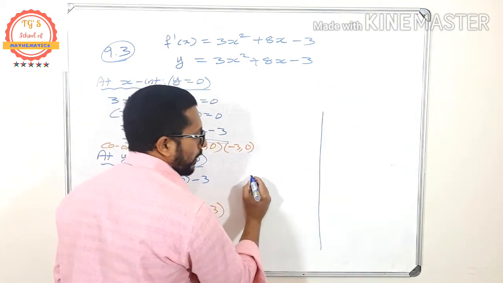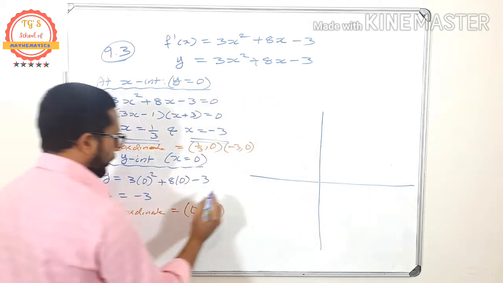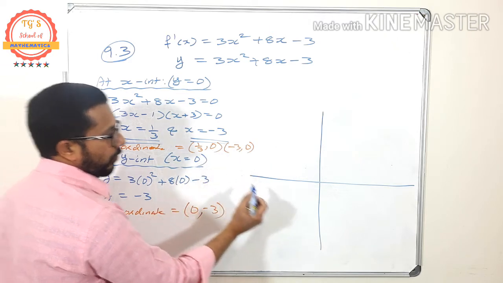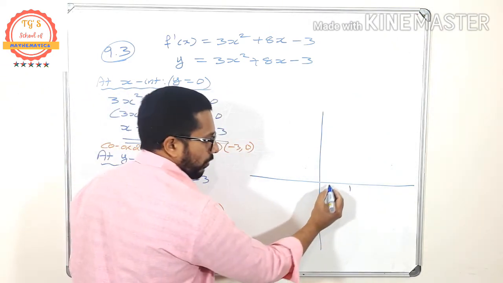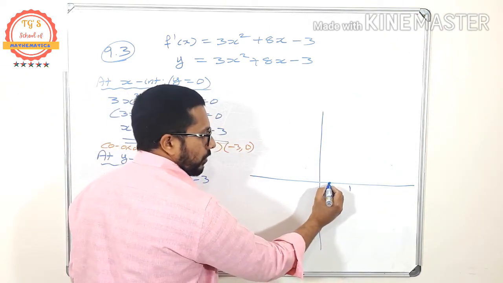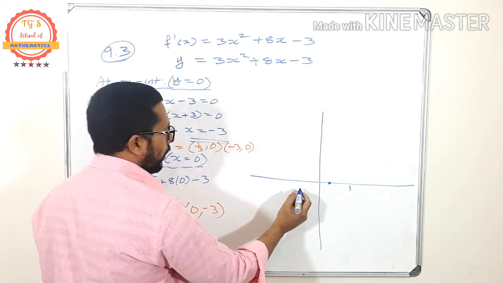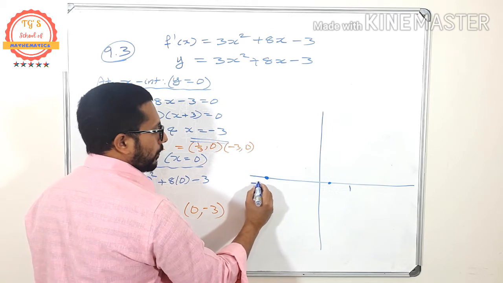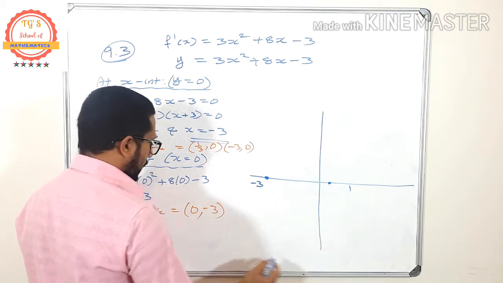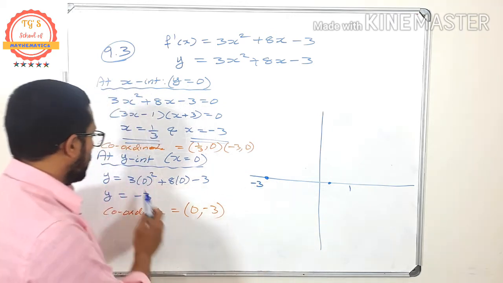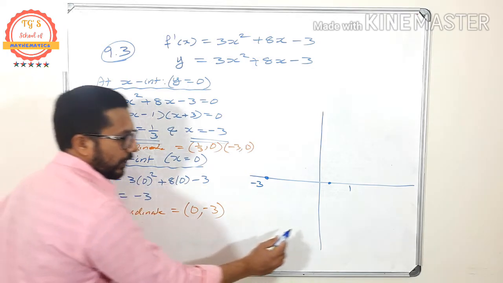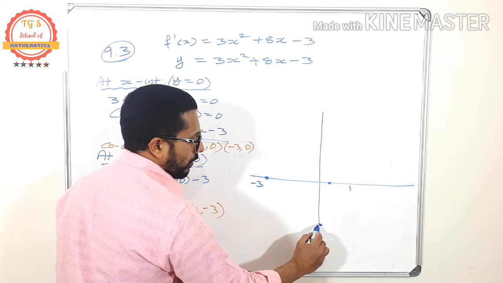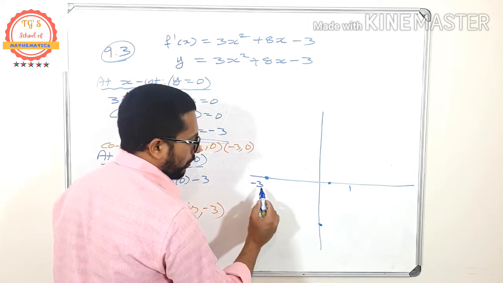This is my y-axis and this is the x-axis, and the x-intercept 1 over 3 comma 0 is very close to 0, about 0.333, and this one is minus 3 somewhere here. The y-intercept is 0 comma minus 3. It is a rough graph I am trying to draw.